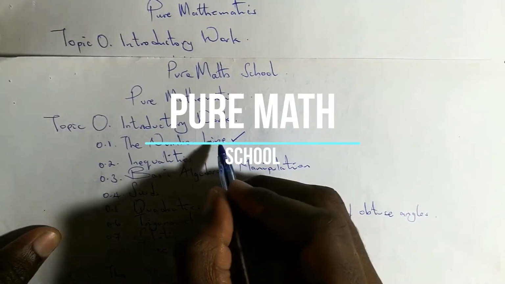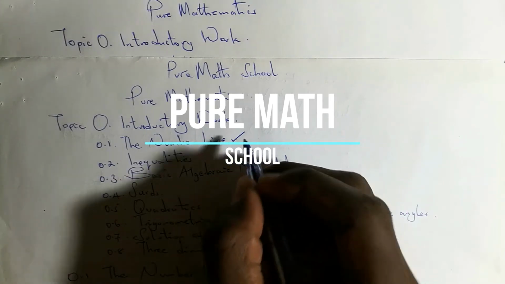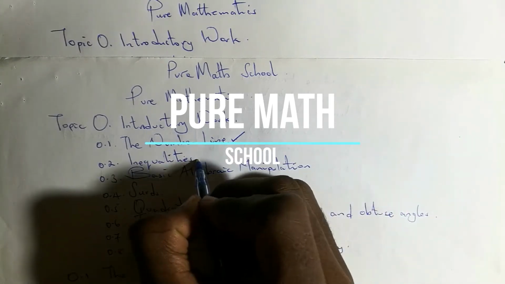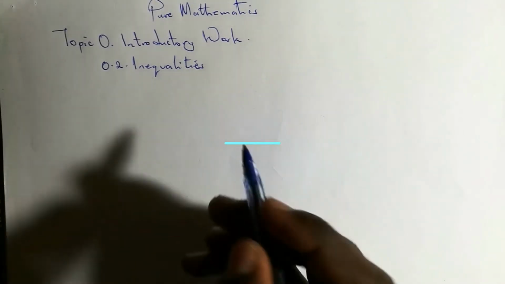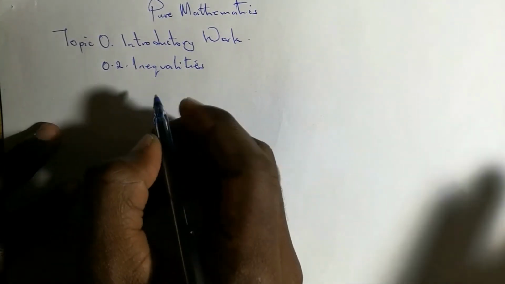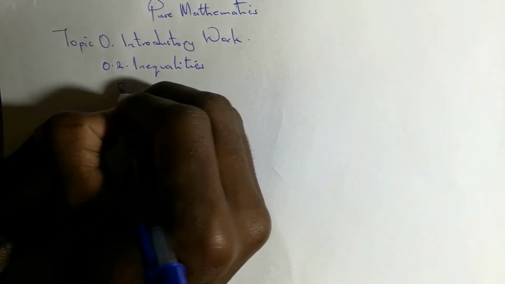Last time we had a look at the introductory work, the first part, the number line, and today we're going to look at inequalities. About what we need to know about inequalities, we need to be familiar with the following. We need to be familiar with this.